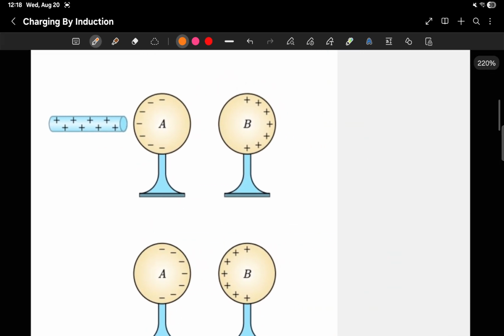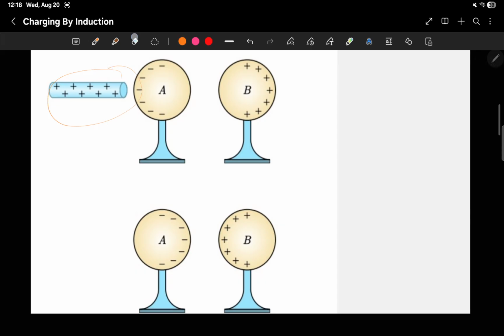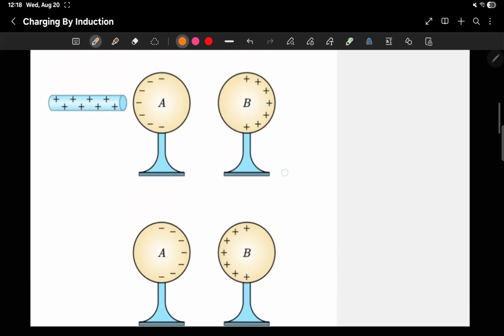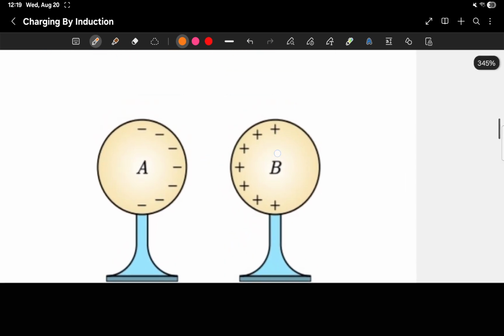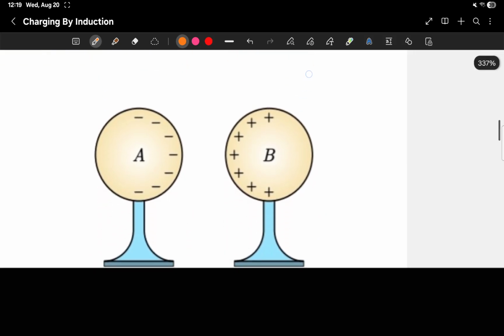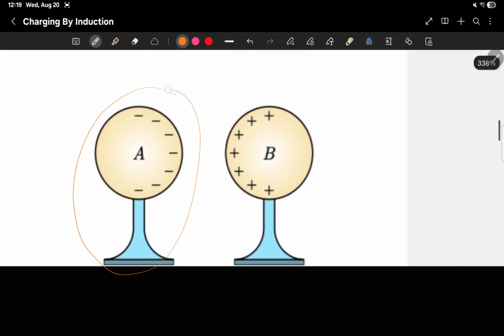Now what happens is that we remove the glass rod, the positively charged glass rod. Once we do that, the two spheres are at a distance from each other.